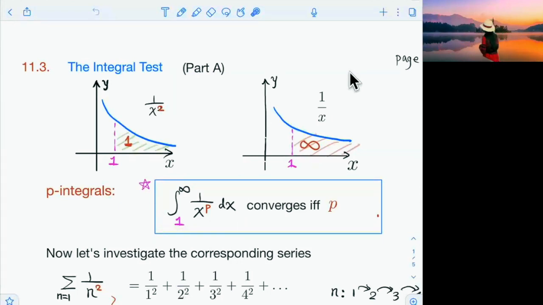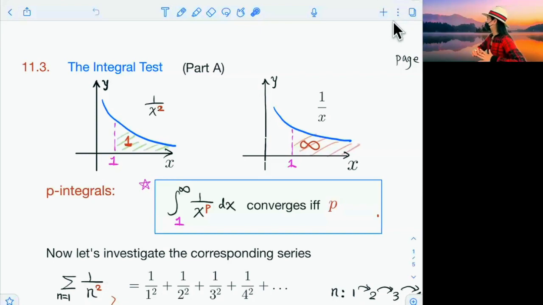So we want to see what happens to the p. What kind of p is going to converge? At that time we did the investigation on this kind of p-integral, and we know the conclusion is that this p-integral converges only if p satisfies what condition?